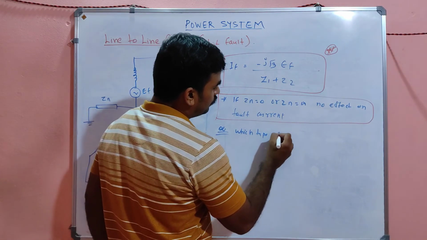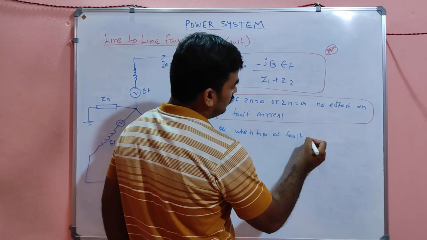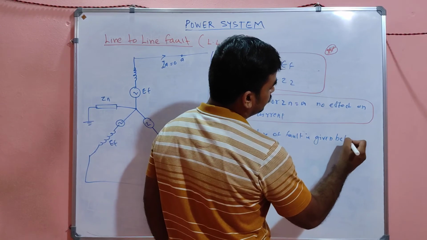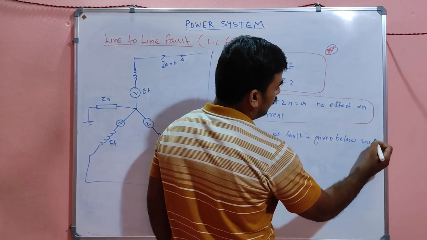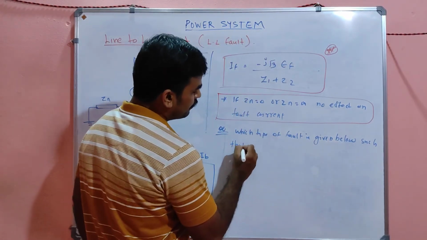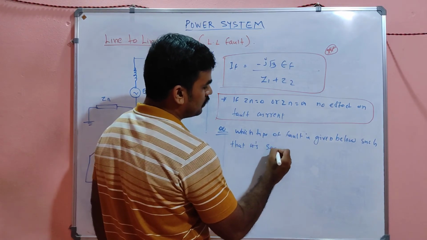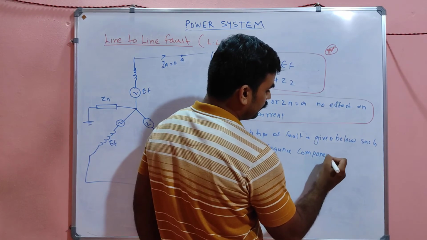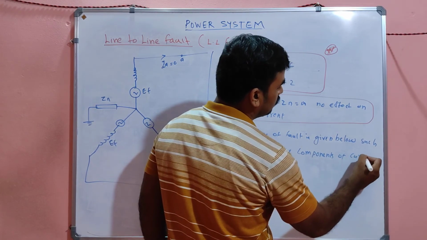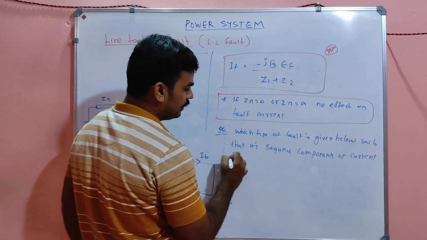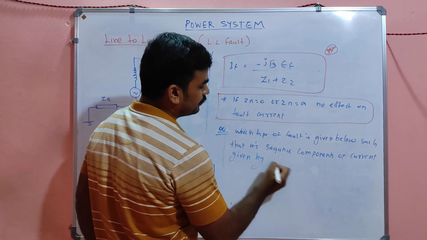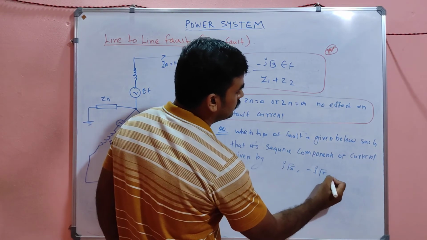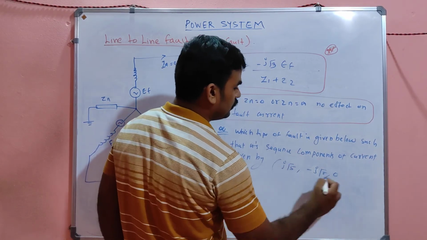Which type of fault is given below such that its sequence components of current are given by J root 5, minus J root 5 and 0.